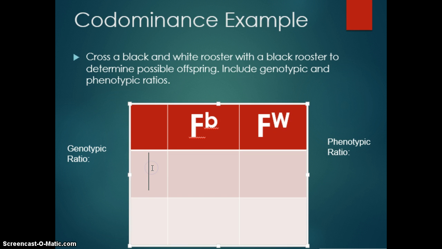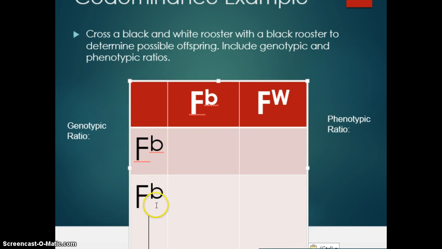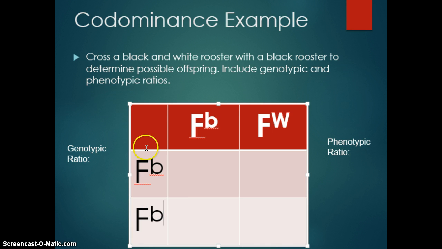Okay, so if we cross it with just a black rooster, we are going to end it something like this. Okay, so in codominance, we're going to have a regular letter with a superscript.